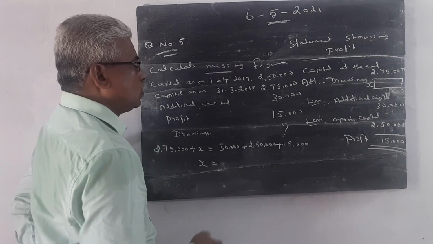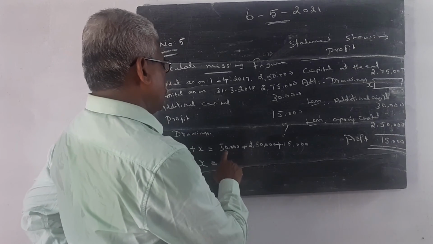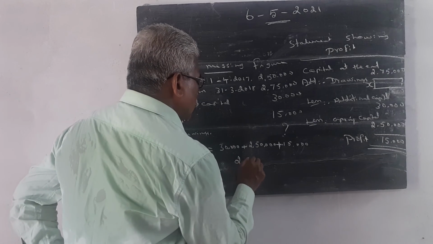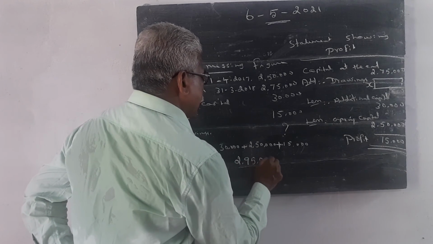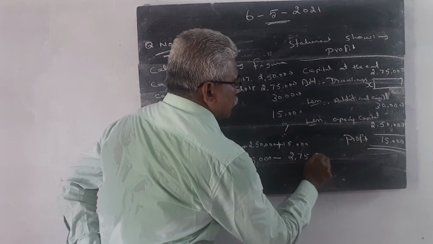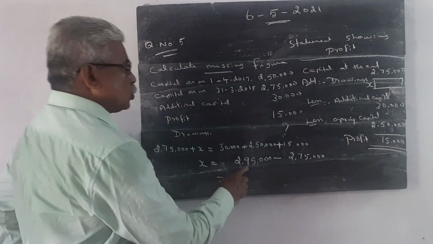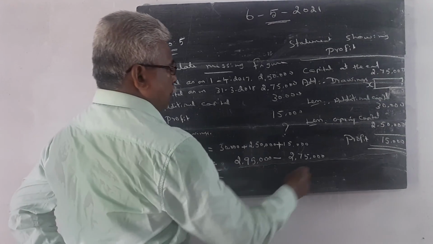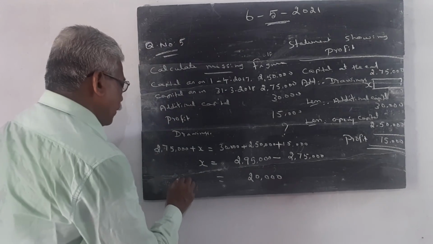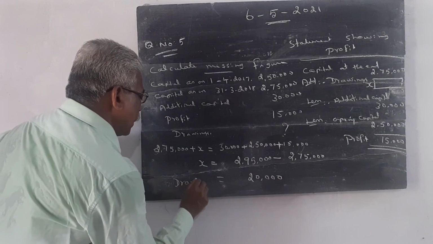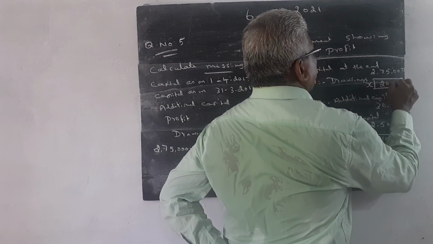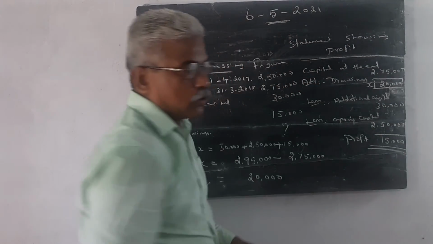Here we have to calculate 2,80,000 plus 15,000 is equal to 2,95,000, minus 2,75,000. So the x value is 2,95,000 minus 2,75,000, which is equal to 20,000. So 20,000 is the drawings value. Here also you write 20,000. Thus we have to solve the question.